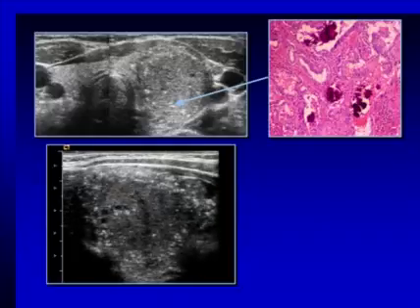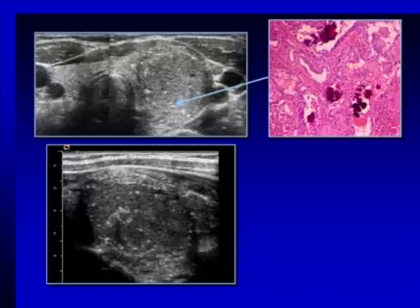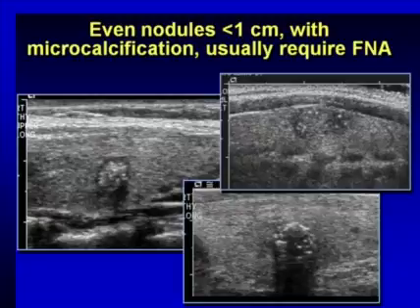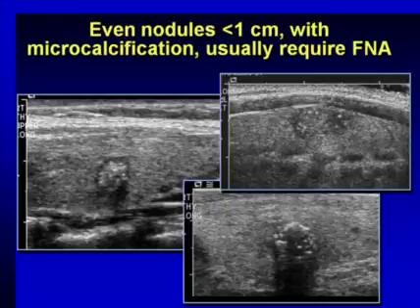Sometimes we'll see some faint shadowing if these are clumped together, but they're scattered throughout this large papillary cancer. Even when nodules are small, less than a centimeter, when they have microcalcifications, they have the typical appearance, these would usually require fine needle aspiration and generally would come to FNA in our practice.